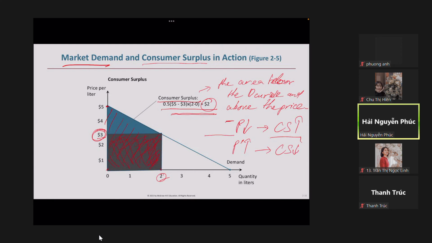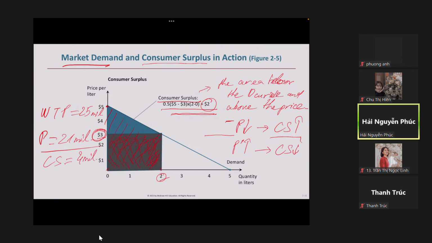Let's once again look back at the example of an individual. His willingness to pay for the iPhone 13 is 25 million. Initially, the price for the iPhone 13 is 21 million, and we know that his consumer surplus is 4 million.